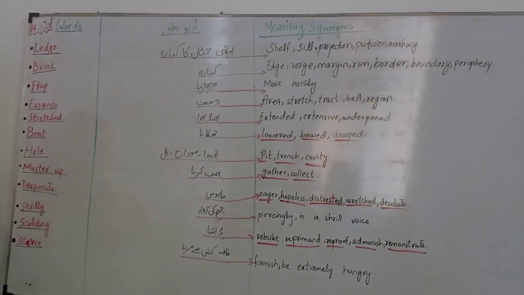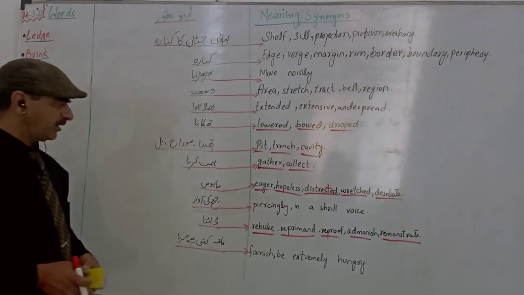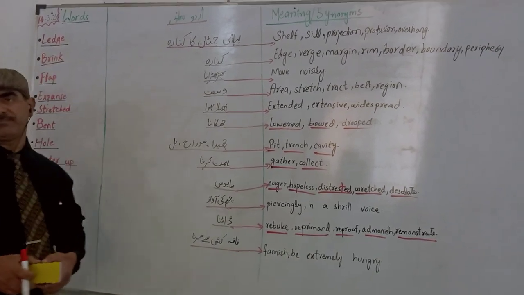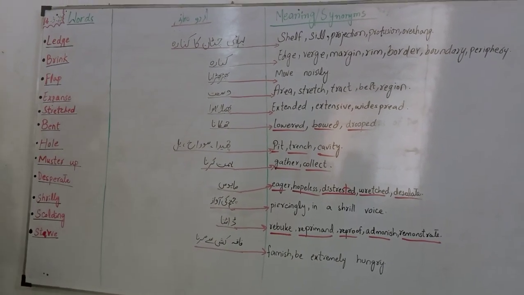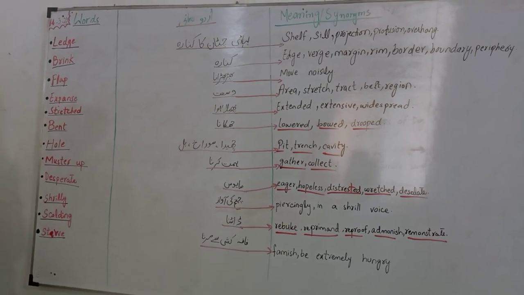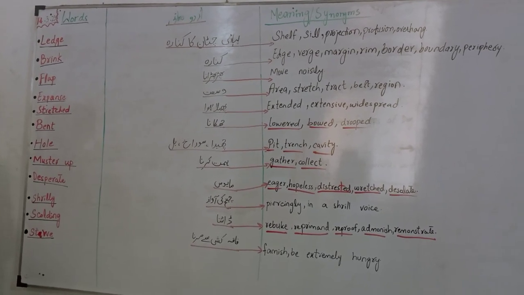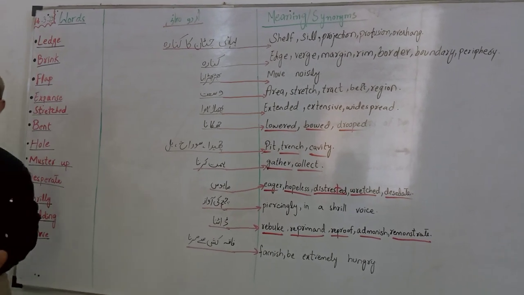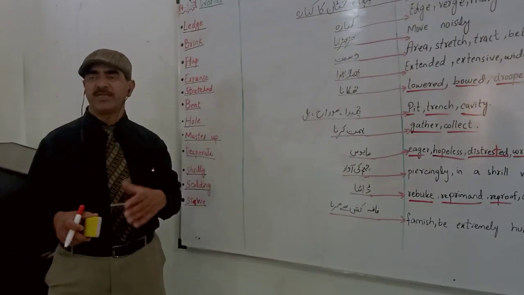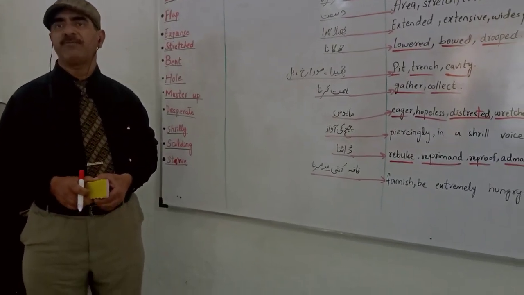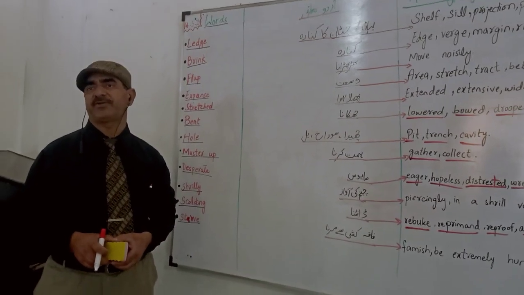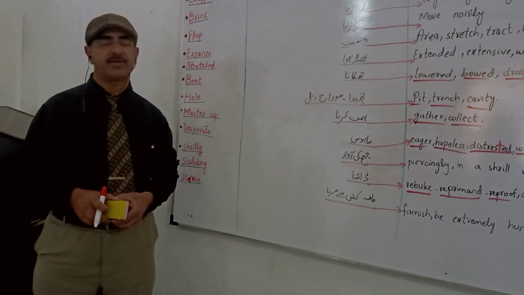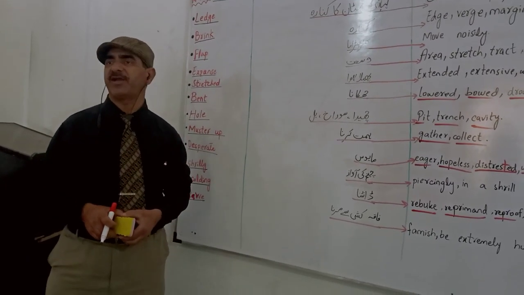So it means you are famishing or extremely hungry. So in this way, using different words, using synonyms and using different sentences which mean the same, it will give a good effect to your answer, and it will give you a rewarding effect. That's how you are supposed to write your answer.